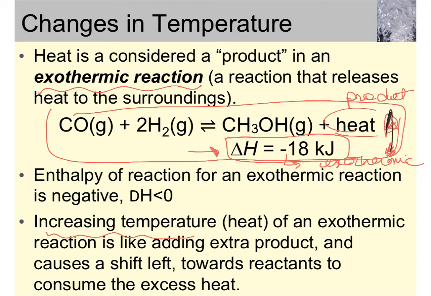What happens when you increase a product? The reaction will shift left, to get rid of the extra product, which is heat. So to cool down, to get rid of that extra heat, it's going to shift left. And that's only for an exothermic reaction.